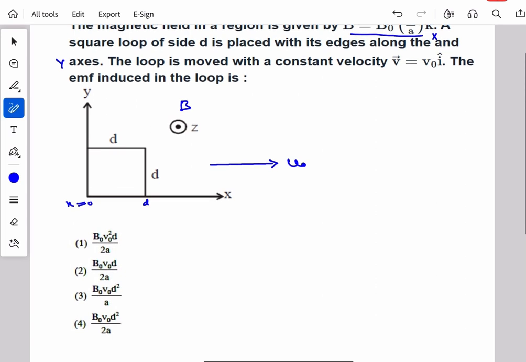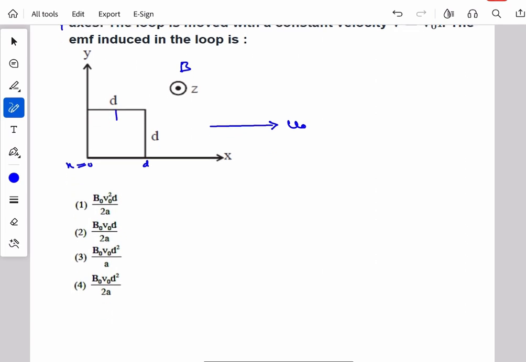Now let us say at an instant t, the left vertical side of the square loop is at x equal to x1 and the right vertical side of the square loop is at x equal to x1 plus d.